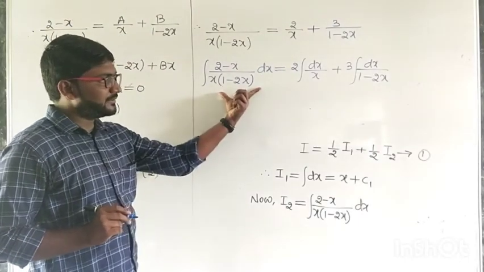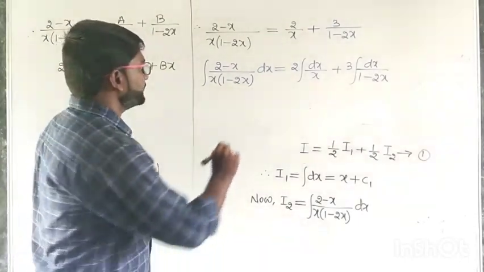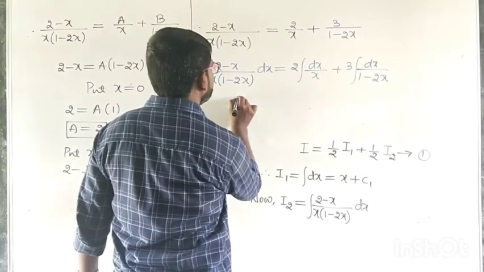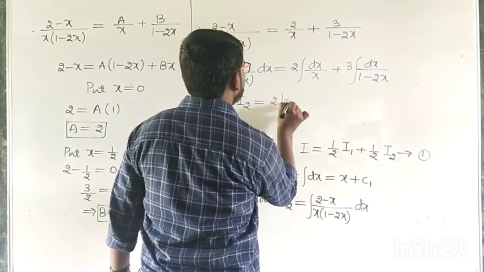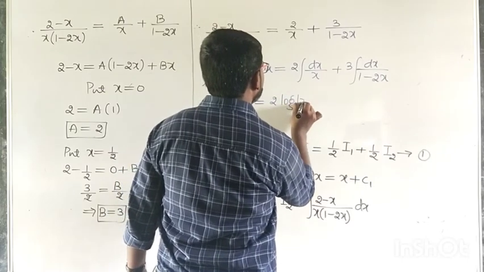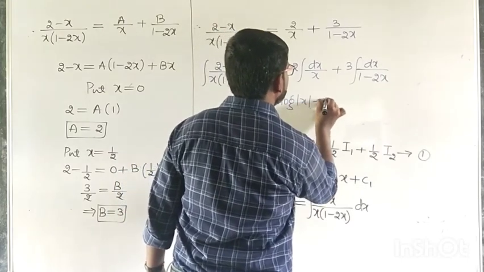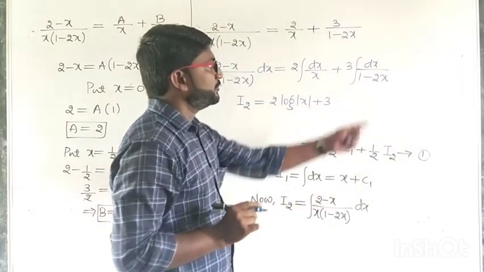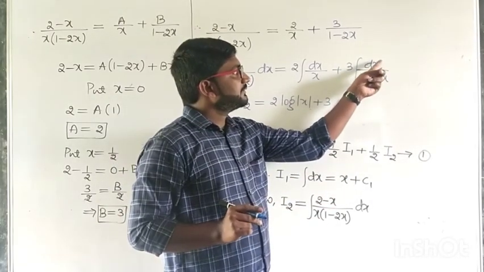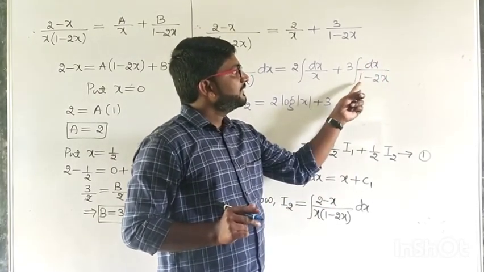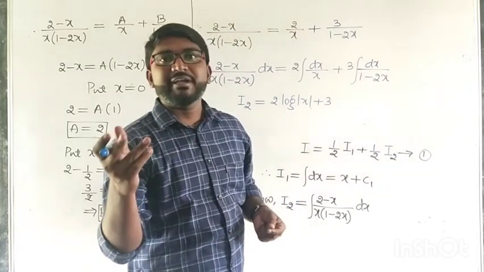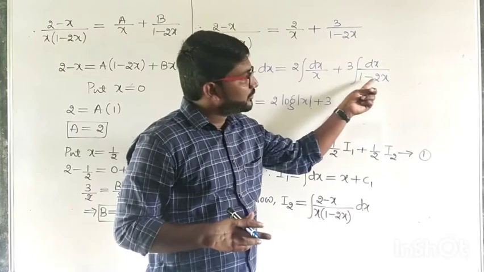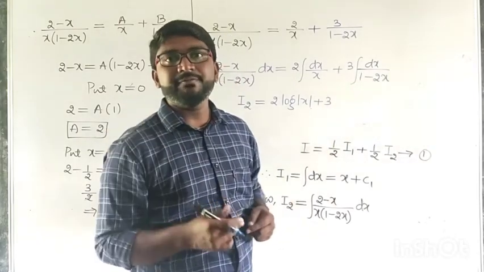This is nothing but I2. So I2 equals 2 into log mod x plus 3 into, this is in the form of dx by (1 minus 2x), which will be log mod (1 minus 2x), and we have to divide by the coefficient of x.